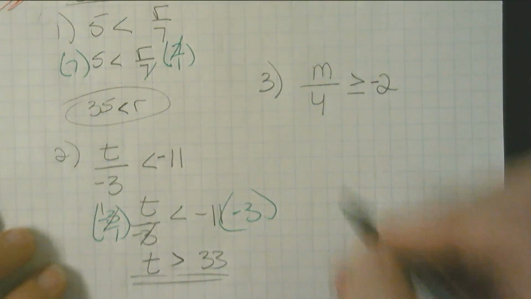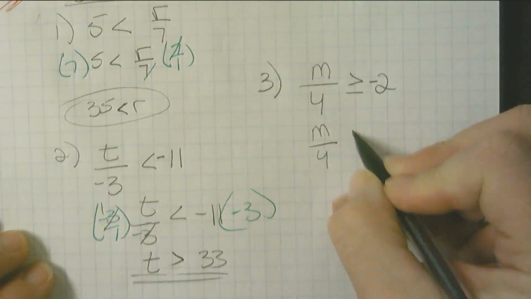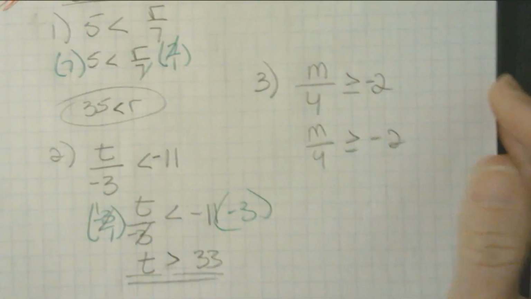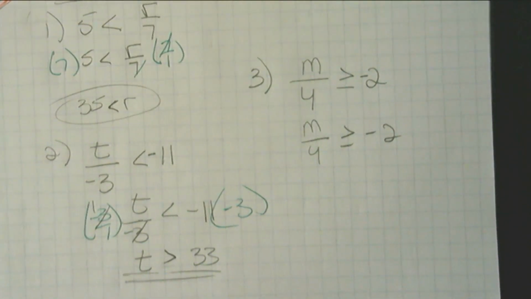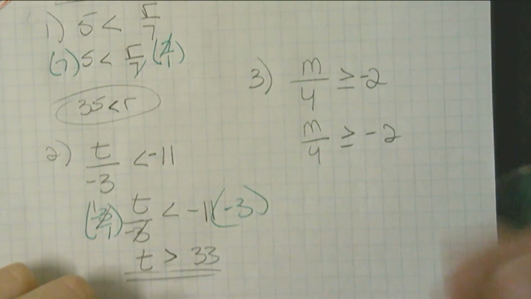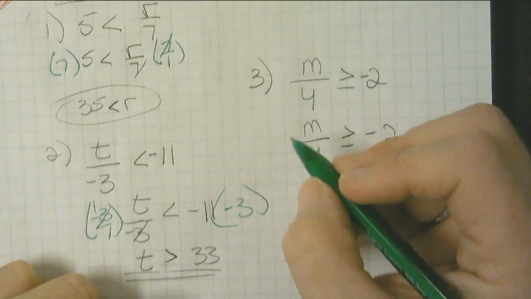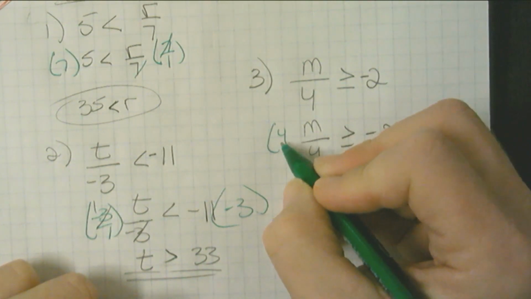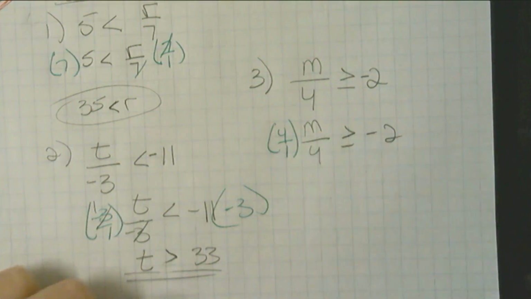Okay, who wants to do this last one for me as we finish class? Whose voice have I not heard? Vincent, hop on that one. Not 4 over m, 4 over 1. Yep, leave the m.